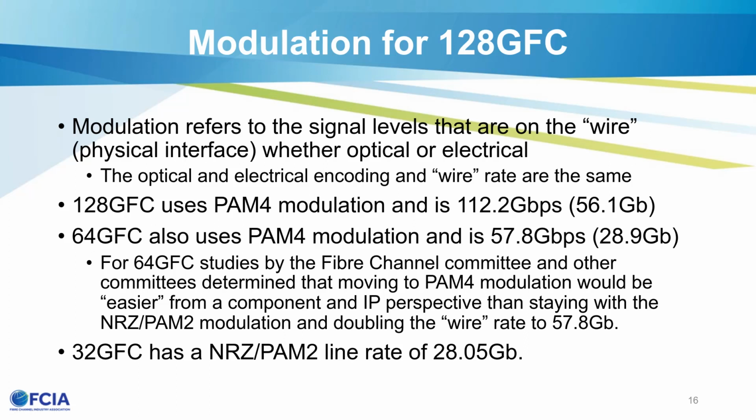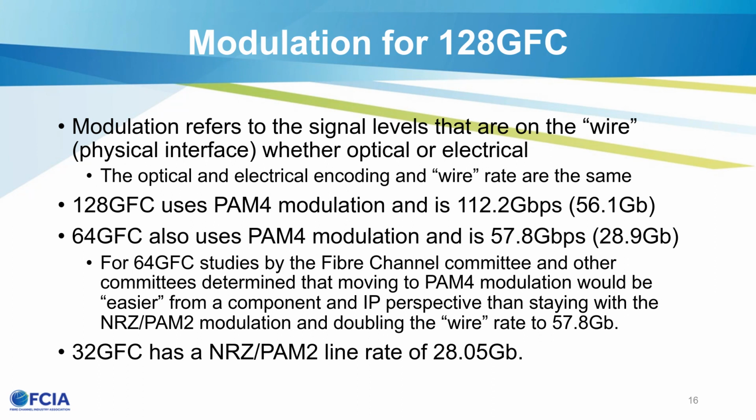The data rate and the modulation is not changed through the optical module. So it's a complex module now because of the equalization needed, but it doesn't have to do any additional FEC in the optical module, and it doesn't have to do a translation of the speed.